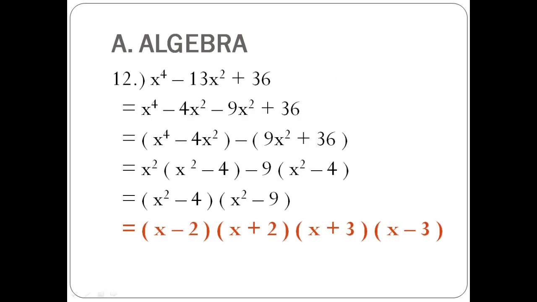Next given is x raised to 4 minus 13x squared plus 36. So first we're going to write the negative 13x squared as a difference. It will become negative 4x squared minus 9x squared. Next is group them into binomials. Once you group them, we need to factor them out.